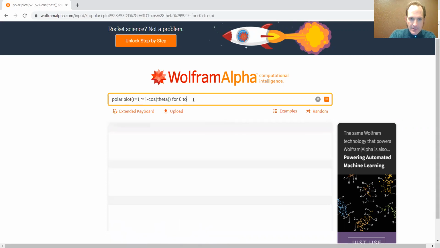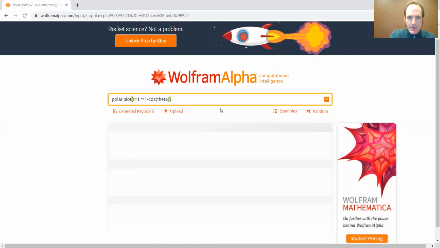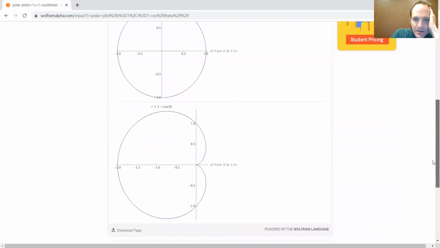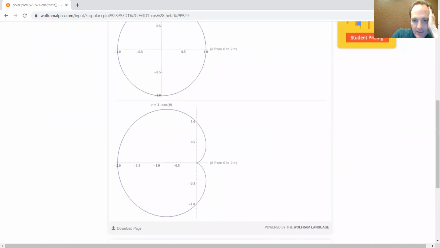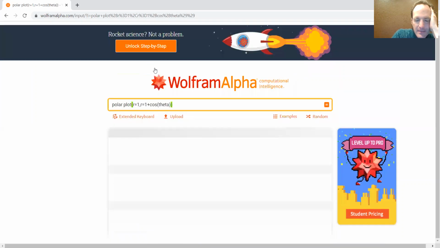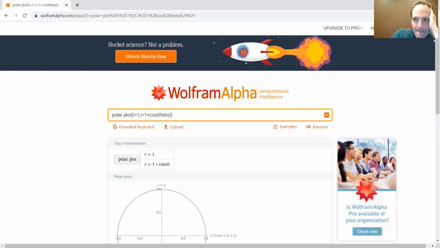And then this one I'm going to take from 0 to 2 pi. So you can see what this looks like. That's the circle, that's the cardioid. And I think I have it wrong. I actually should have 1 plus cosine theta. Sorry, that's my fault. So this should be 1 plus cosine theta instead of 1 minus. Okay.